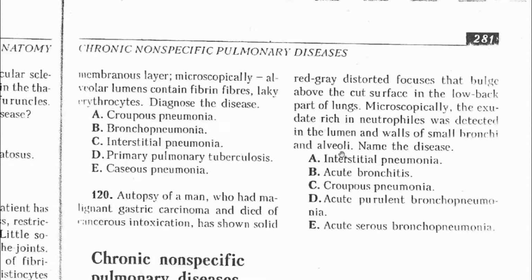Name the disease. This is typical for what? Bronchopneumonia, but of purulent nature due to the appearance of red-gray mass. So your answer is acute purulent bronchopneumonia, D.